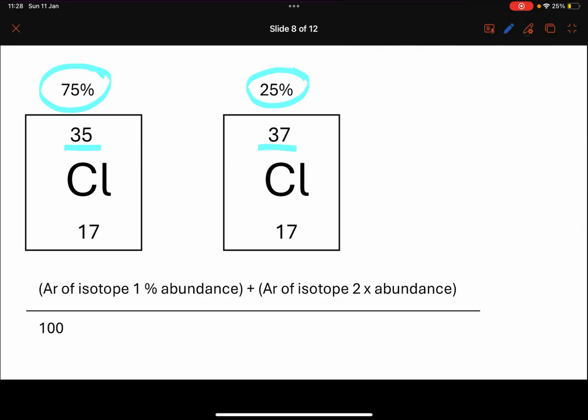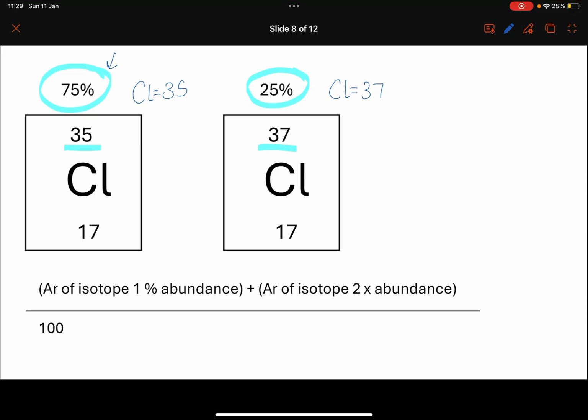Now, if it's not done in a diagram form, the number will just follow the symbol. So it'll say chlorine 35 or chlorine 37. That number is that relative atomic mass, that top number. Now, this abundance means that if you were to sample all of the chlorine atoms that exist, 75% would be chlorine 35, and the less common one is chlorine 37 at 25%.